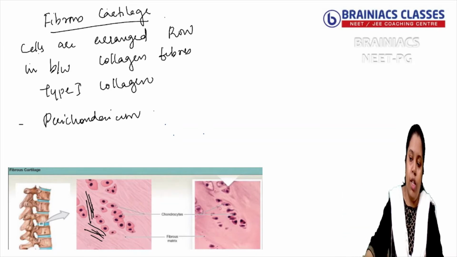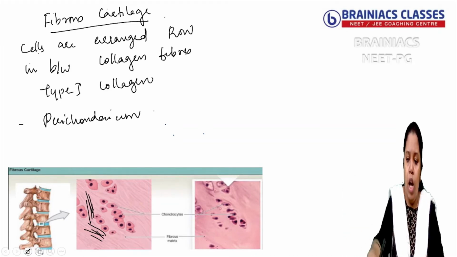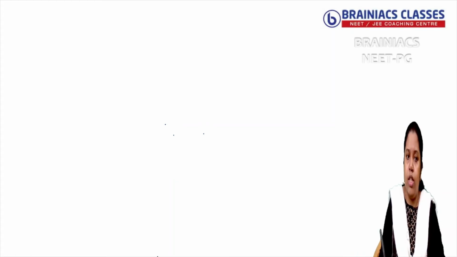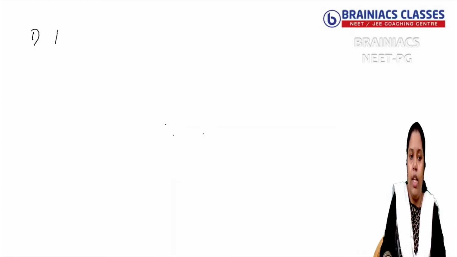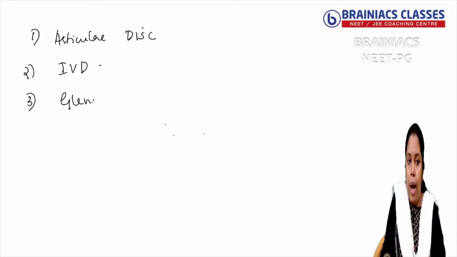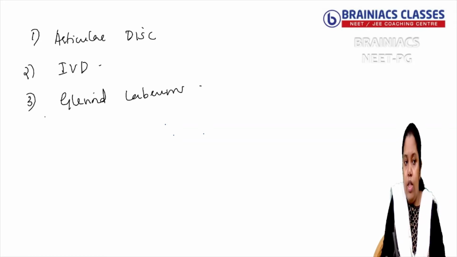So where is the location? It is present in the articular disc, the intervertebral disc, the glenoid labrum just at the shoulder joint, and at the insertion of tendons.